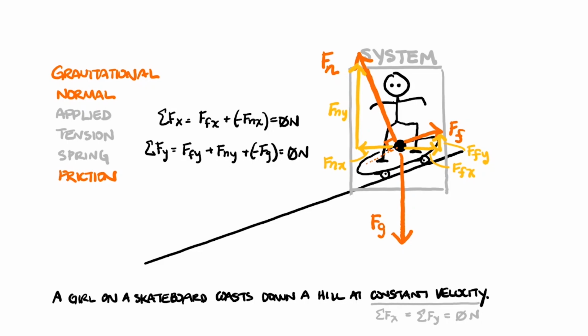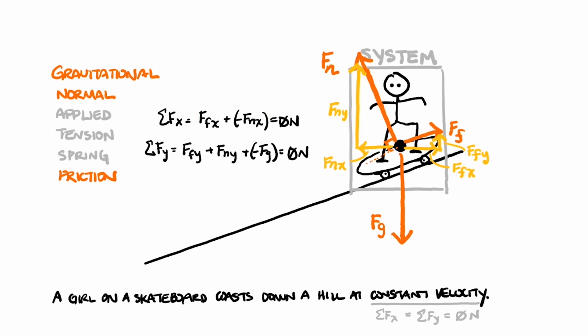This method, though completely appropriate, does require a lot of work. If we were to assign numerical values to these vectors, we'd have to solve for the components of the frictional force and the normal force. We can simplify this problem if we change our perspective.